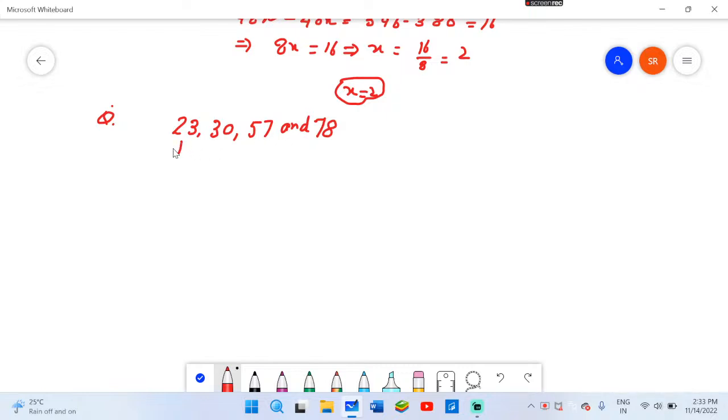So let the number to be subtracted be x again. So the balance remains here, 23 minus x. I want that the remainders, the balances, must be in proportion.